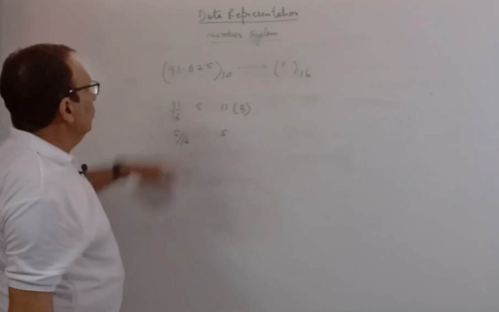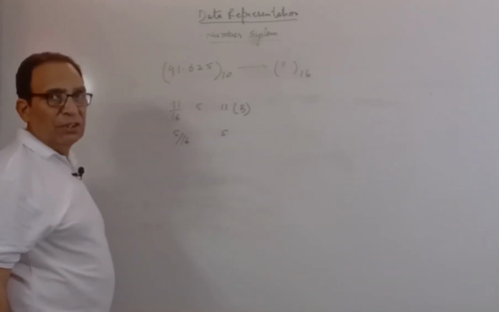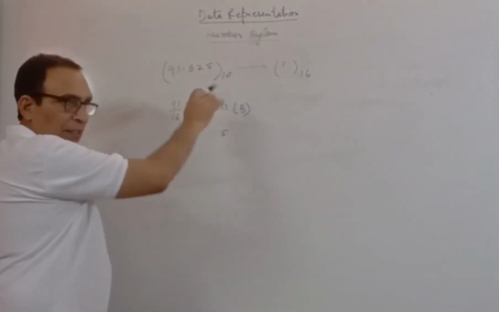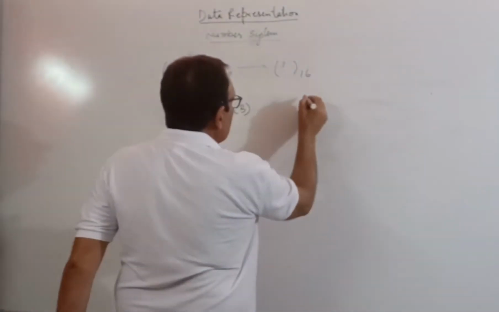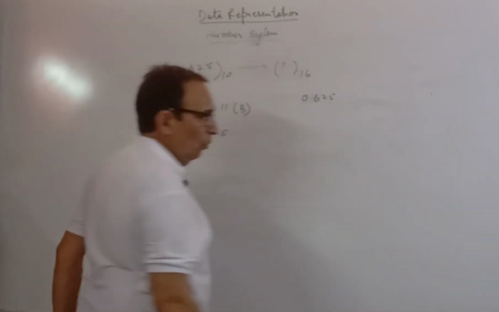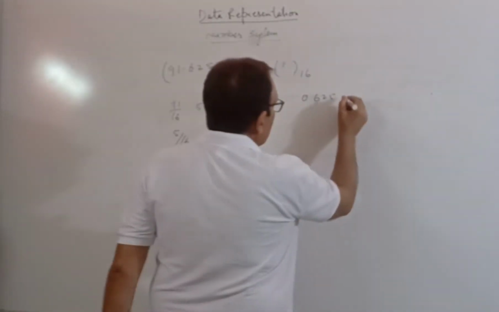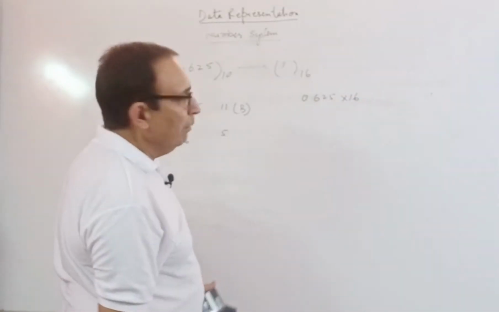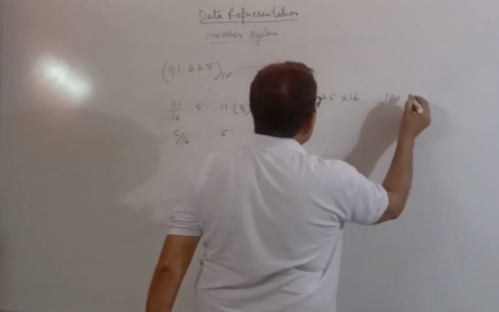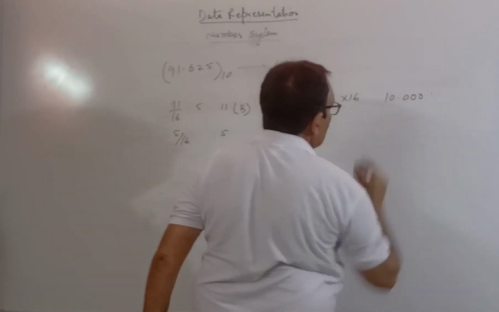Now what we have to do with the part which is towards the right-hand side, after the decimal? That part is 0.625. What you do, multiply by 16, it comes 10. So it is coming 10.000.